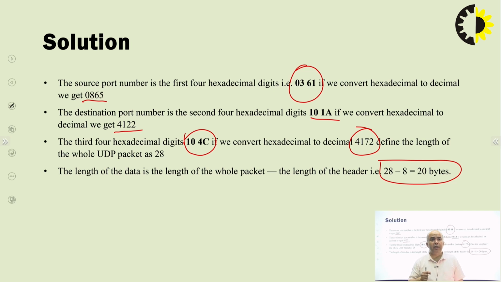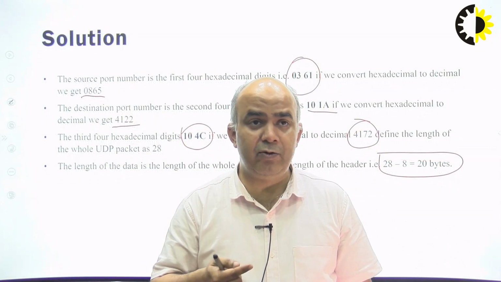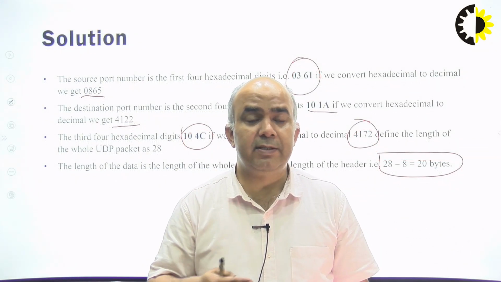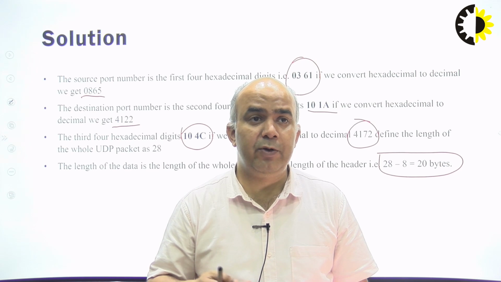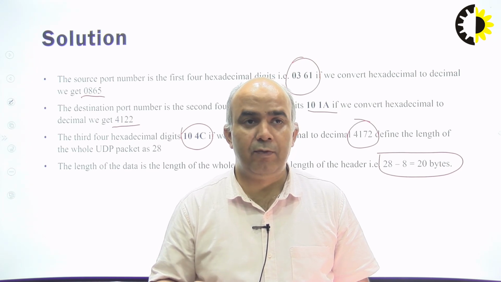Because a computer can understand hexadecimal values, but as human beings we are not able to read them. So we have to convert them into decimal values. In this way, it will be easy for humans to read those values.